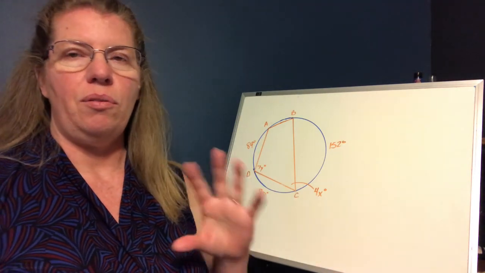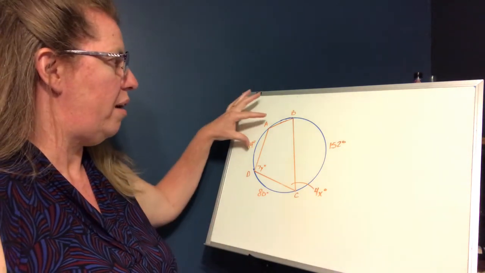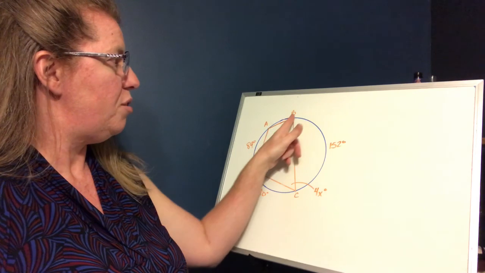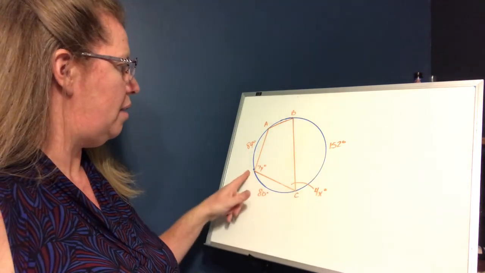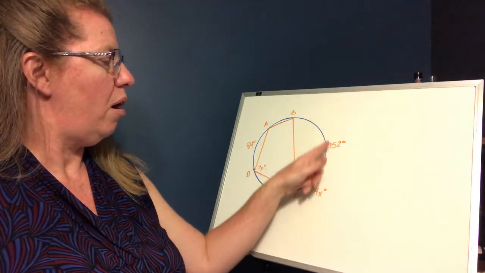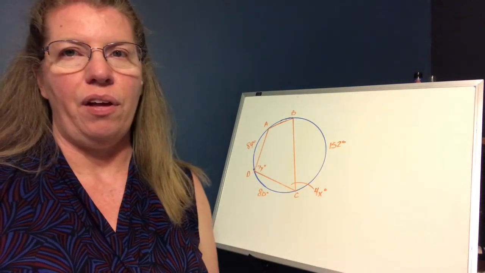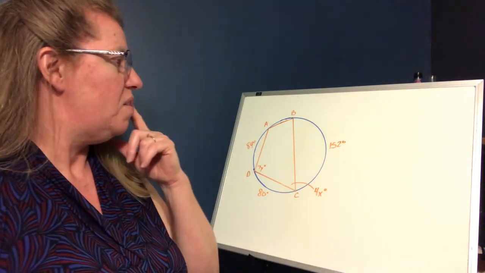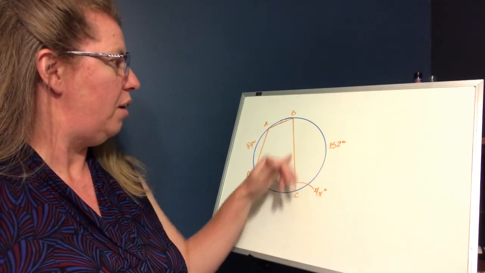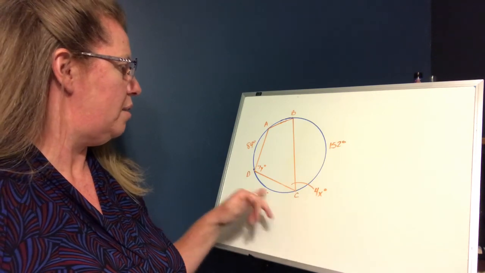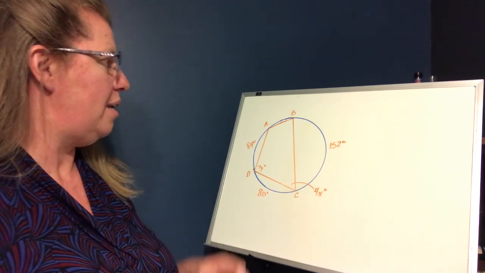So now we need to change our focus here and say, okay, well, angle A is also an inscribed angle, and it intercepts arc BCD. And if we know arc BCD, then we know that our angle is half of the measure of that arc. So let's look at what we have here. BC is equal to 152 degrees. DC is equal to 80 degrees.